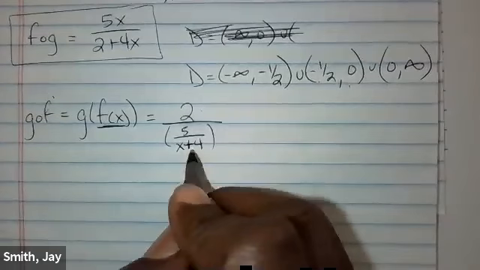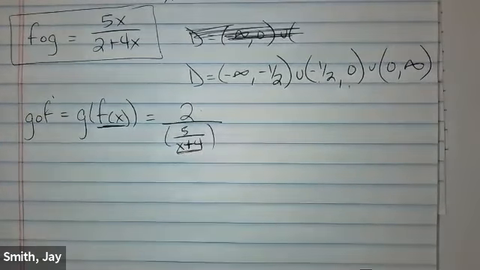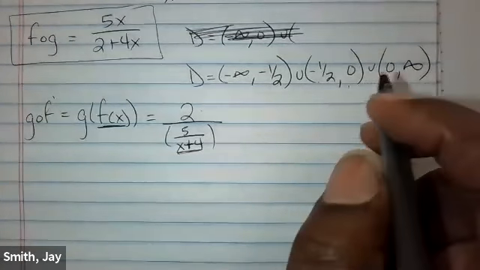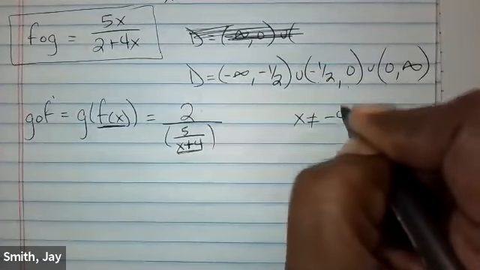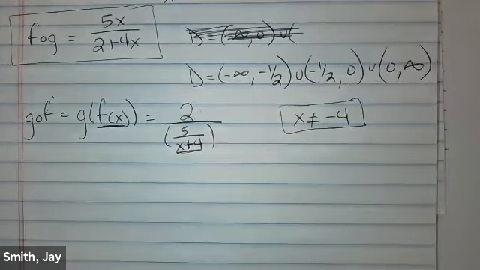So what we're really focused on is what will make x plus 4 equal to 0. And we're going to exclude that from our denominator. So x cannot be equal to -4 again.